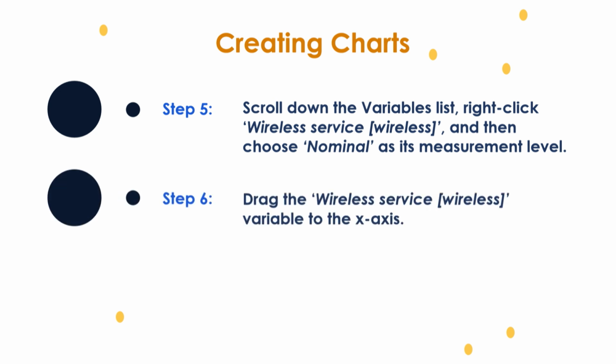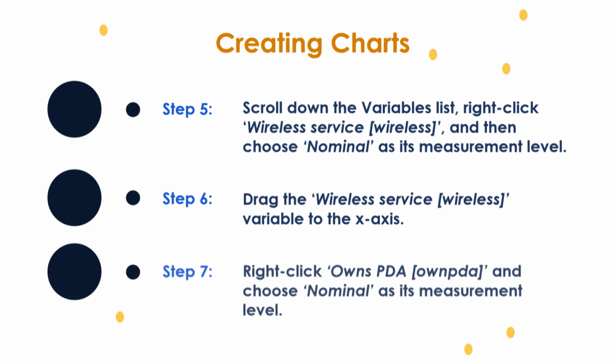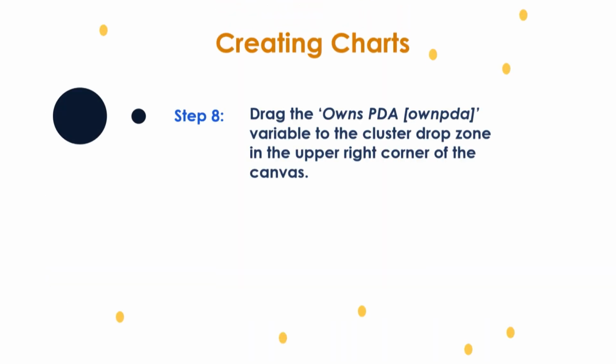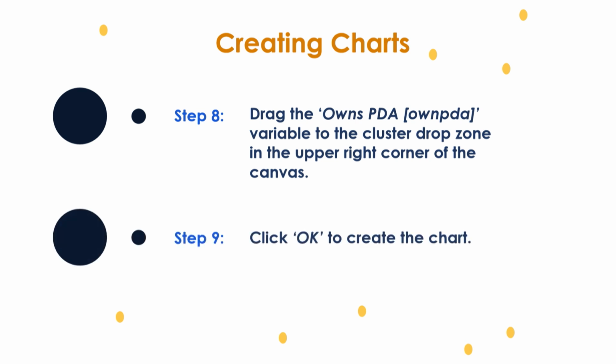In step 6, drag the wireless service variable into the x axis. Then step 7, right click the own PDA variable, and choose nominal as its measurement level. Next, step 8, drag the own PDA variable into the cluster drop zone in the upper right corner of the canvas, that is the dialog box. Then at last in step 9, click OK to create the chart.